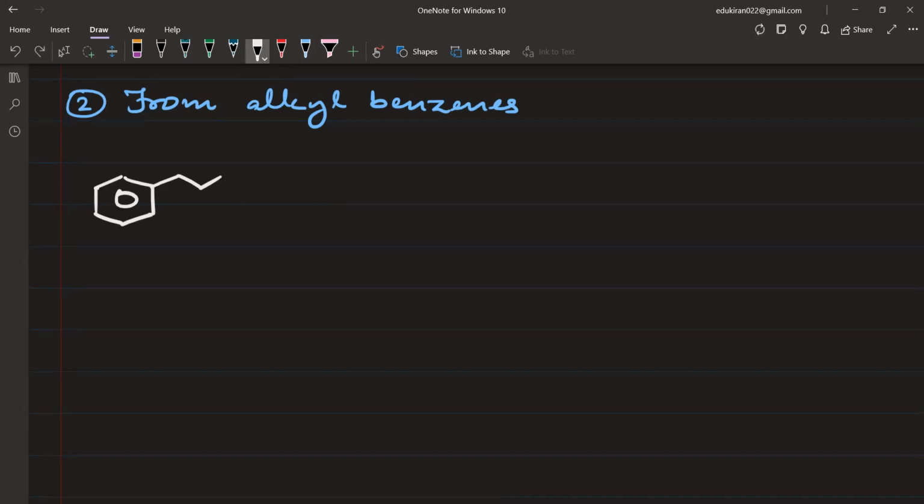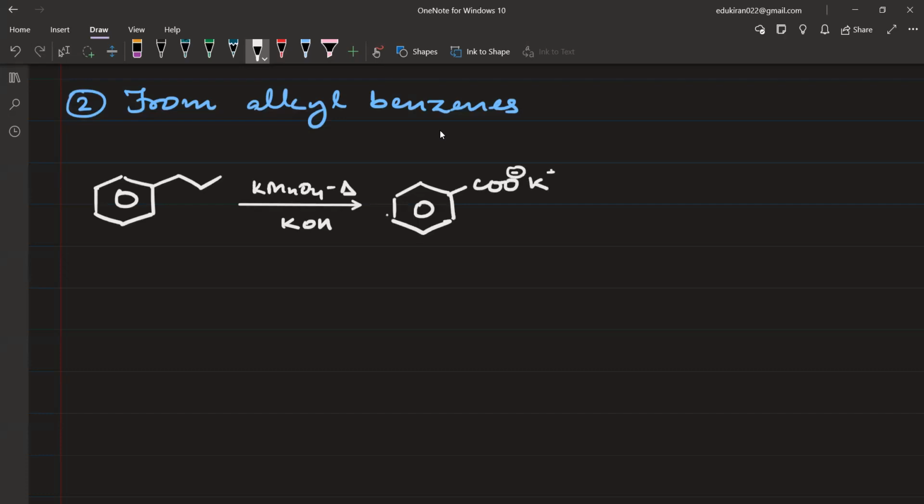First of all, you are going to oxidize it using KMnO4 in the presence of heat. And you will use KOH. So in this case, since we are in the basic condition, we will get COO negative and K positive. This will require acid hydrolysis to convert it to COOH.